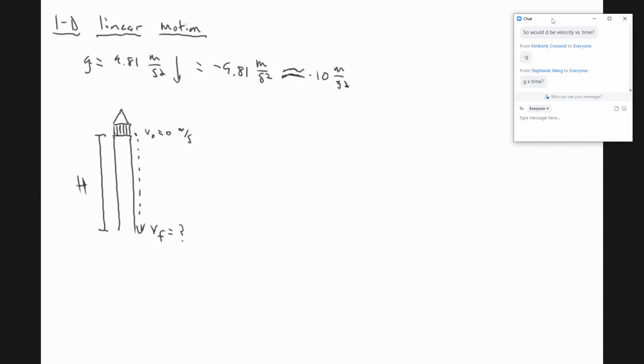Do we know time? V final, final velocity just before it hits the ground. That's what we're looking for.